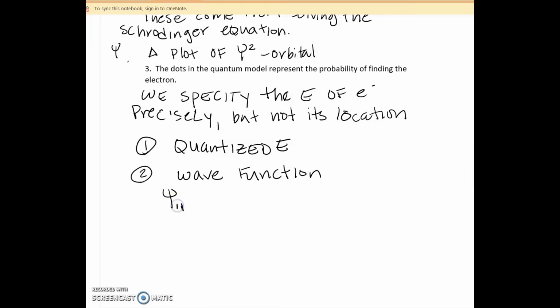We'll go into detail about what these numbers are, but first let me start to explain. So we'll have psi n, then L, and then m sub L. To keep track of everything, we need to use these symbols. Now n is called the principal quantum number.